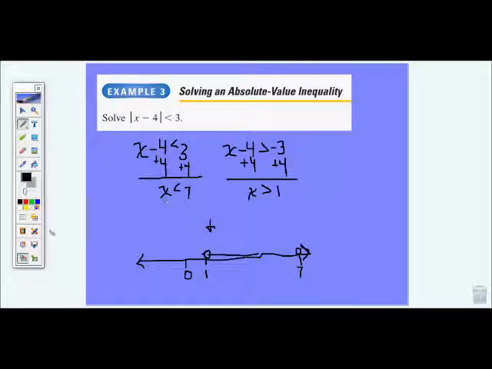And then for this other one, x is less than 7, I would be shading to the left. And you notice the shading would happen in between there. So I could rewrite this inequality to look like this: x is less than 7, but it is greater than 1. That's an and equation.